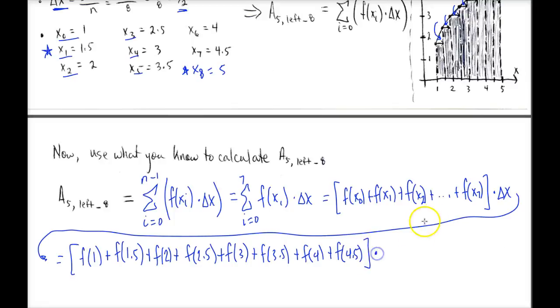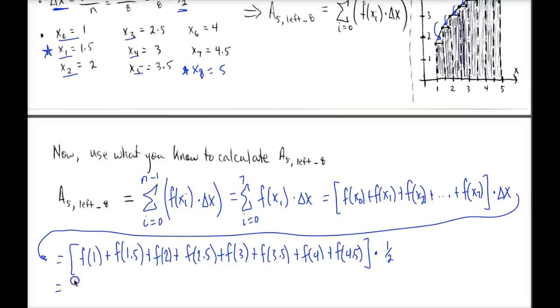All of that is multiplied times delta x, which is just 1/2. Now we can plug these x values into our function, figure out the corresponding y values, add them up, and multiply by 1/2 to get our answer.